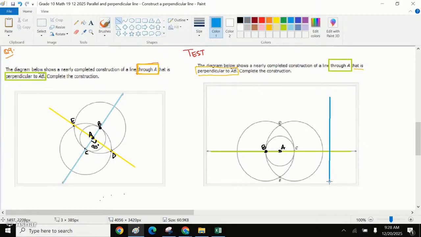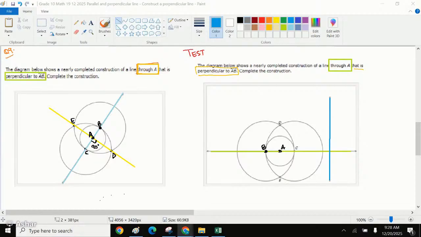Is this line which I draw on the side still a perpendicular line? My question is, is the blue line perpendicular to the green line? That is the question, right? Okay, yes, it is perpendicular to each other, right? But it is not meeting our requirement.